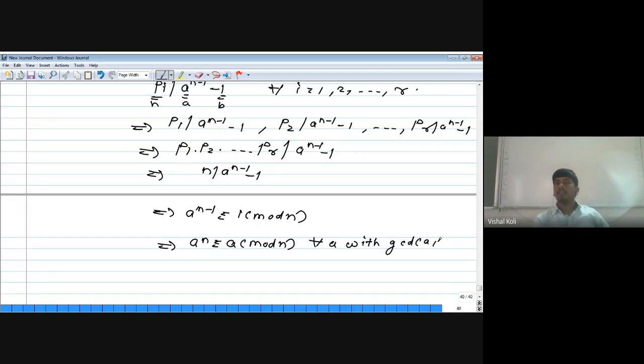Now we will use the definition of absolute pseudoprime. Here n is a composite integer such that a to the power n is congruent to a modulo n for all a with GCD of a and n equal to 1. Therefore, n is an absolute pseudoprime. And hence the proof.